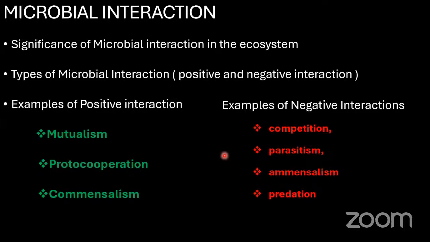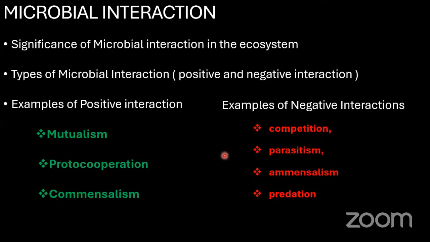Very quickly, if I want to go through this, mutualism is a form of interaction between two organisms where both of them benefit, but it is an obligatory interaction. Obligatory in the sense that the two organisms must participate in the relationship for them to survive. An example is lichens.